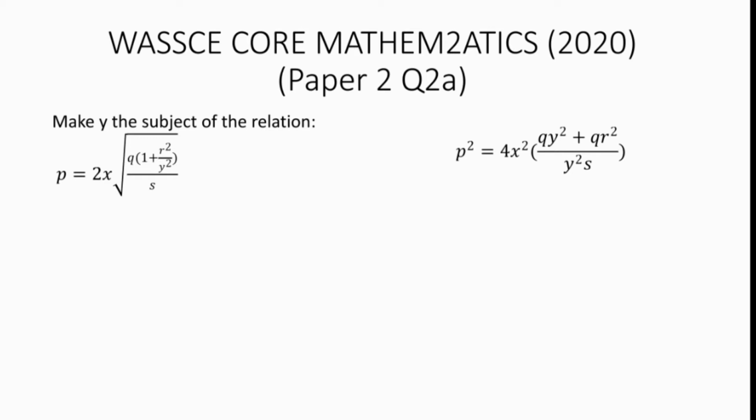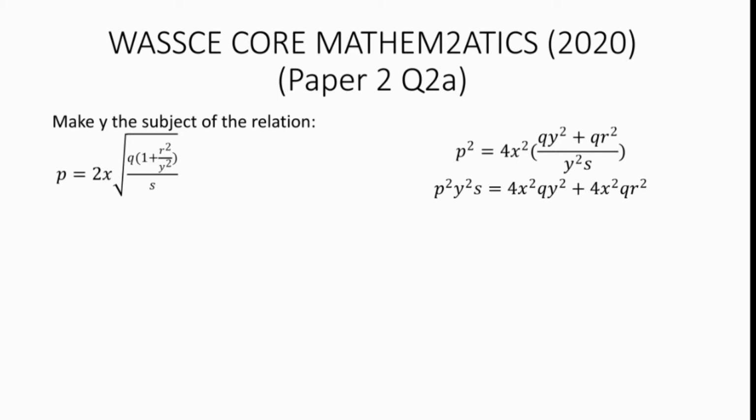Now we need to get rid of the denominator, so we can multiply through by the denominator or the LCM, which is y squared s, which will now give us p squared y squared s equals 4x squared ky squared plus 4x squared qr squared.